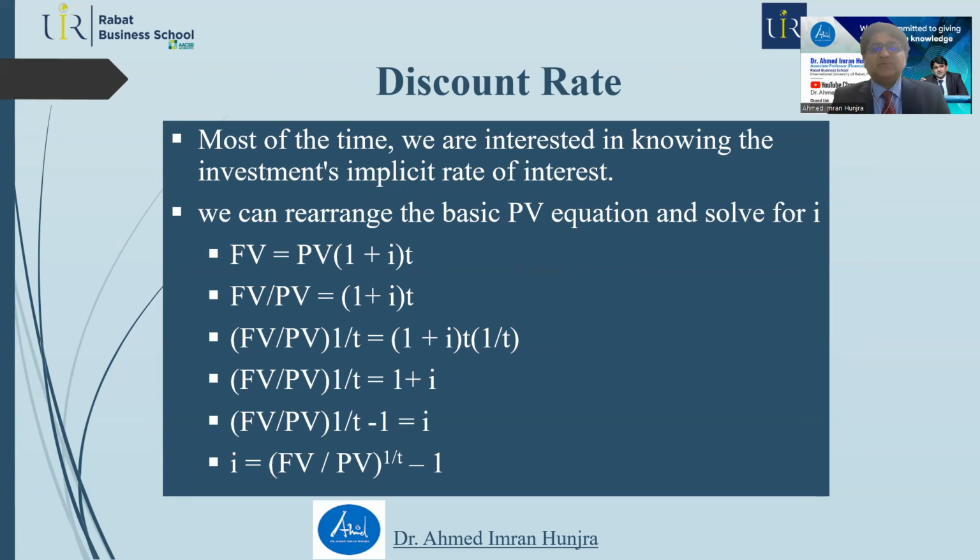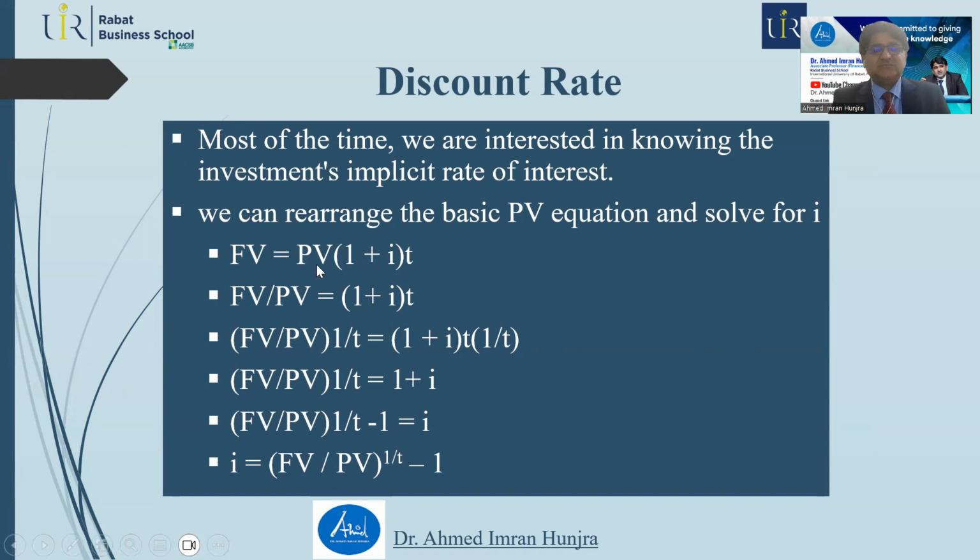Most of the time we are interested in knowing the investment rate of return. So we can rearrange the basic equation of future value. We have the equation: future value is equal to present value times 1 plus interest rate raised to the power t, and our purpose is to find the interest rate.